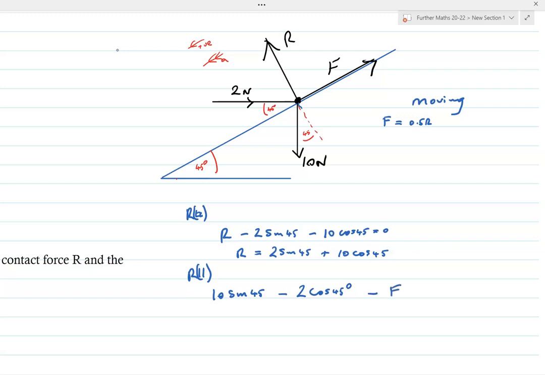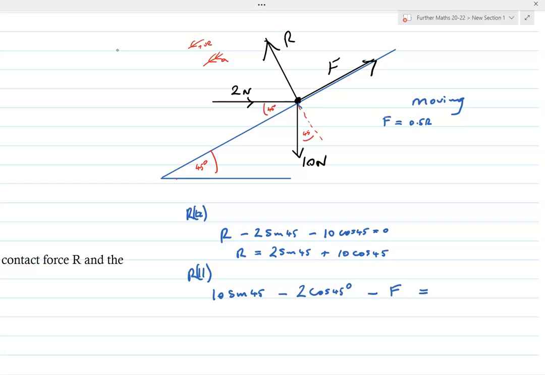I've gone the wrong direction again. So up the slope, we've got this down the slope. So that's positive. And we got this up the slope, and we got this up the slope as well. So those two are negative. Sorry about that. So equals to mass times acceleration.